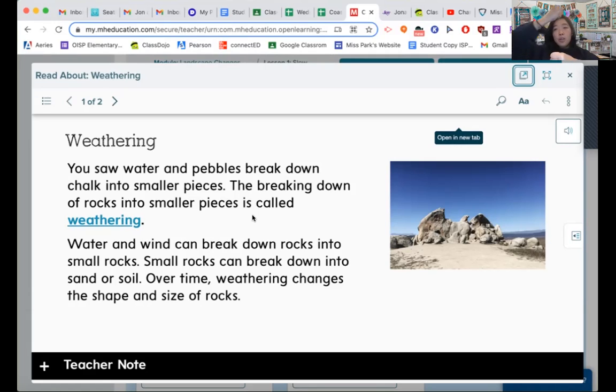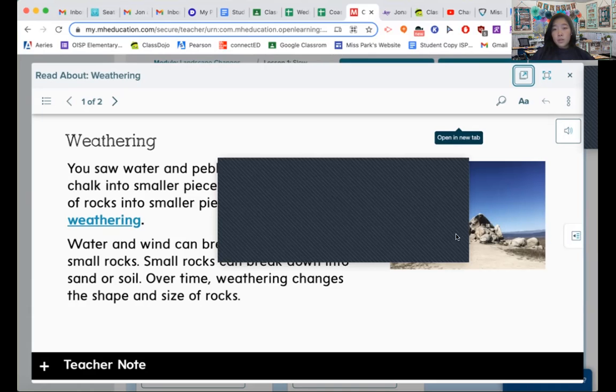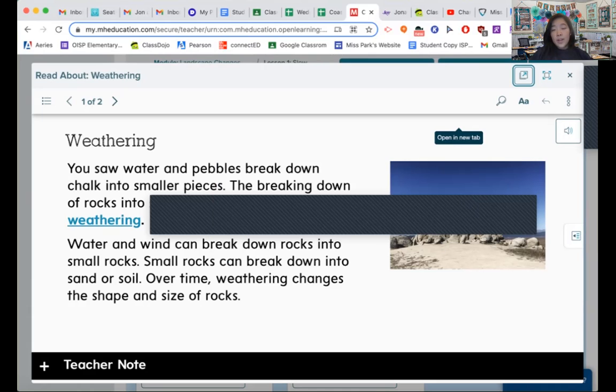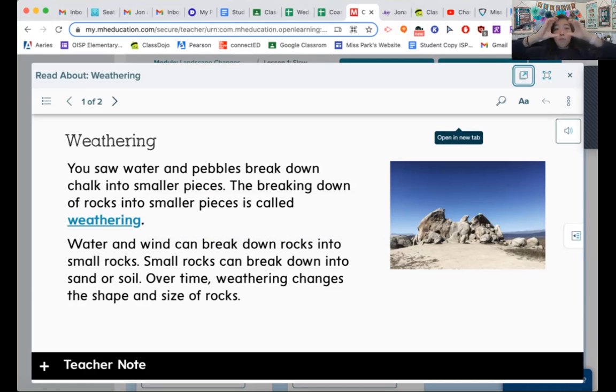If you can't see my screen, let me spotlight myself. One more time. The breaking down of rocks into smaller pieces is called weathering.